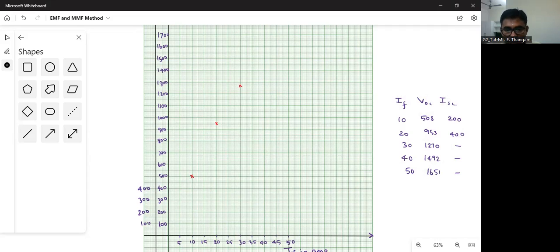Then for 40 amps, 1492. Then for 50 amps, 1651. So we can mark it for 50 amps, 1650. So these are all the points, and we can join all the points. We will get your open circuit characteristic from the origin.